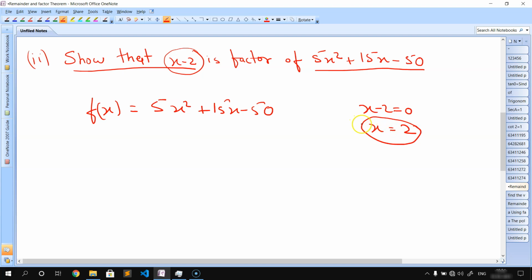We put this value in our f of x, so it will become f of 2 equals to 5 into 2's square plus 15 into 2 minus 50.